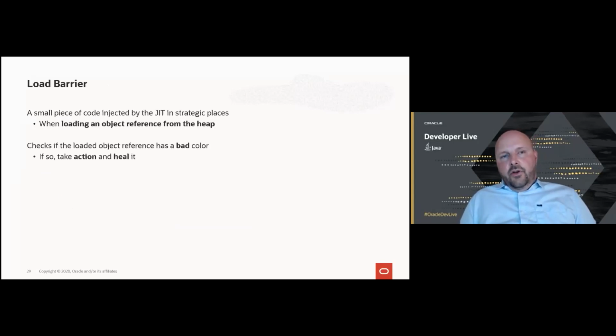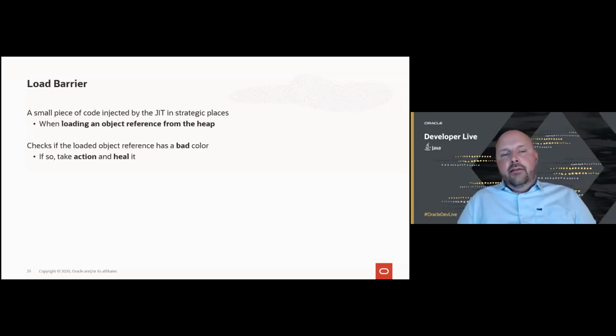Colored pointers go hand in hand with our load barriers. In general, a GC barrier is just a small piece of code that is injected by the JIT in strategic places. In ZGC's case, that strategic place is when the application is loading an object reference from the heap. The purpose of the load barrier is to check if the reference has a bad color or not.